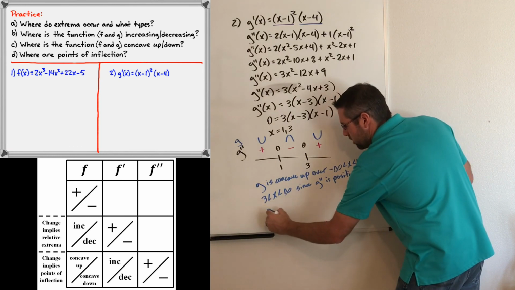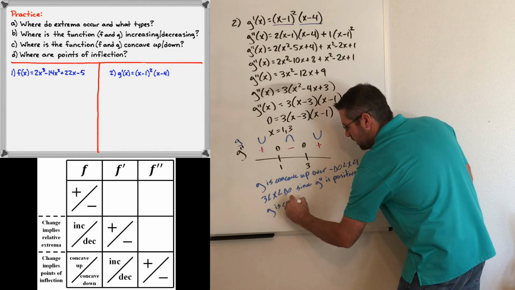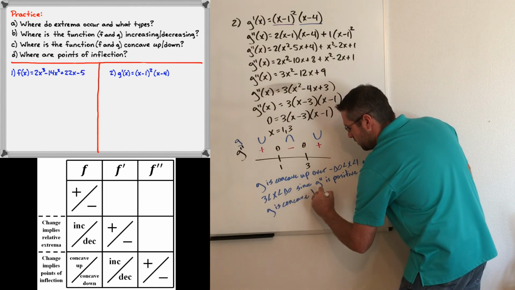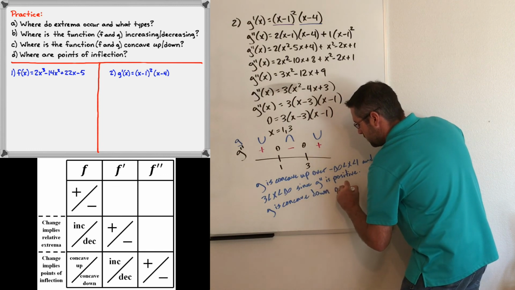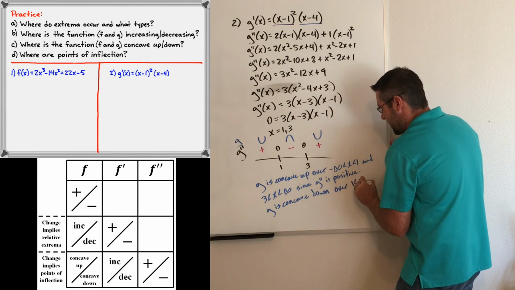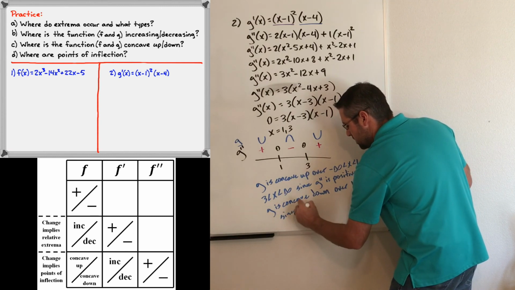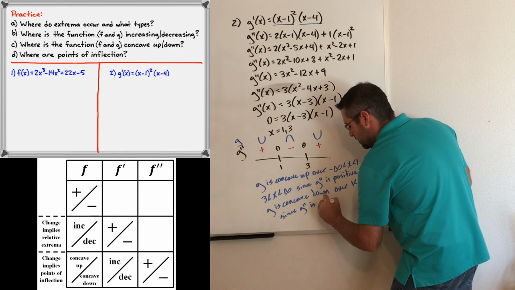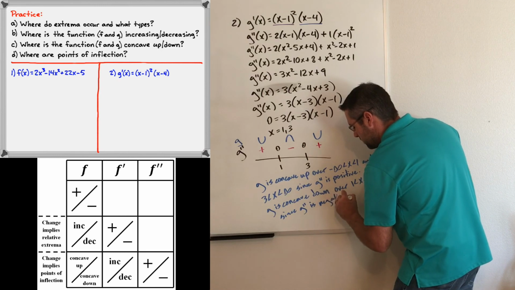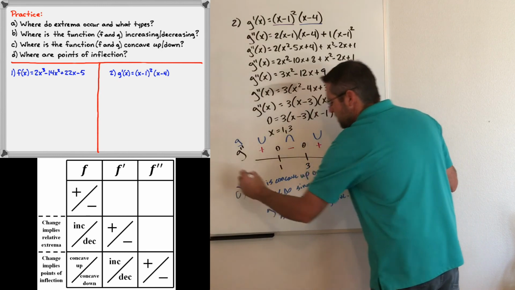And then G is concave down over the interval 1 less than x less than 3, since G double prime is negative. Okay, so that answers the question for part C.